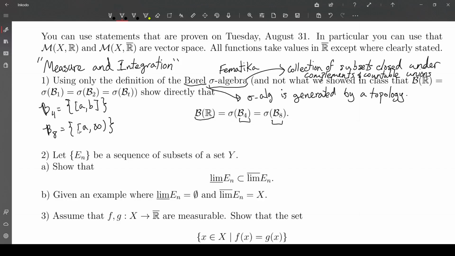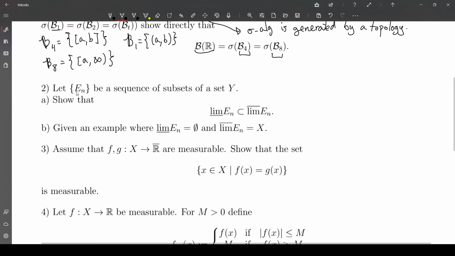The idea is that you take some collection of sets that look nice and then they generate the same Borel sigma algebra. So like B1 consists of all the open intervals, right? So you have basically a bunch of different types of intervals, and these are going to give you the same thing in the end. So that's what this first one is asking.